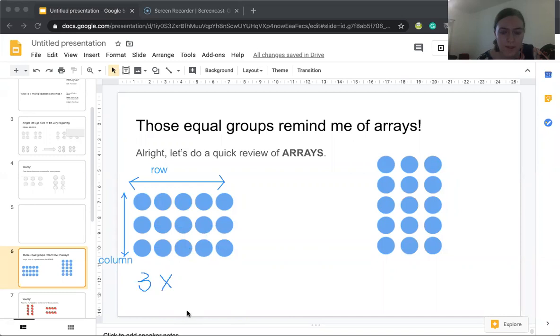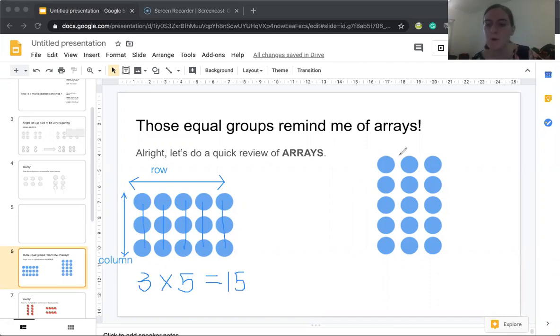So columns go up and down. So there's up and down, 2, 3, 4, 5. I see 5 columns. So 3 times 5. If I wanted to do the answer, I know from practicing my basic facts that the answer to this would be 15.